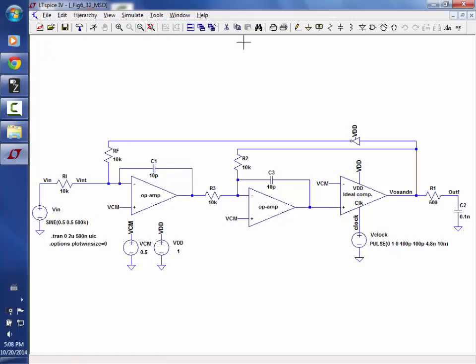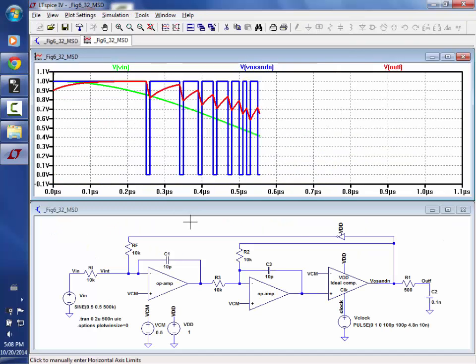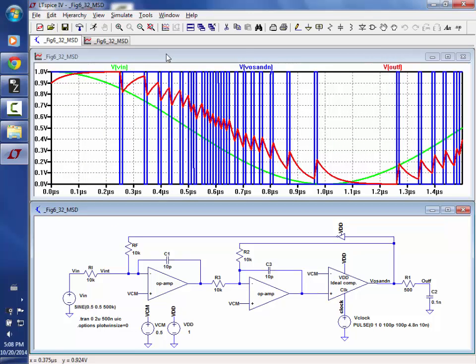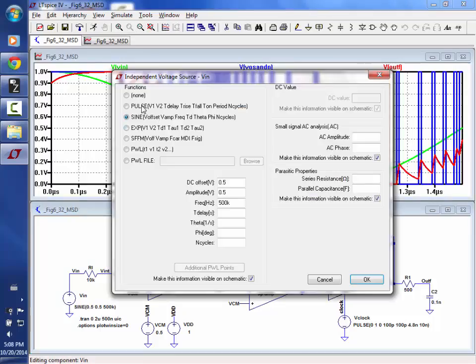This one here I'll just show you and then we'll put a ramp in there. Let's put a ramp to be consistent, with a 50 microsecond rise time. So we'll go pulse 0 to 1, delay 0, rise time 50 microseconds.